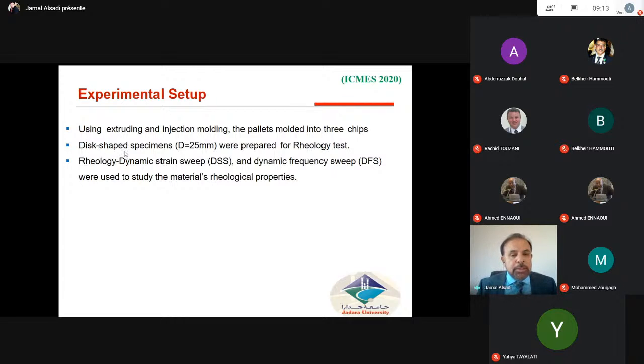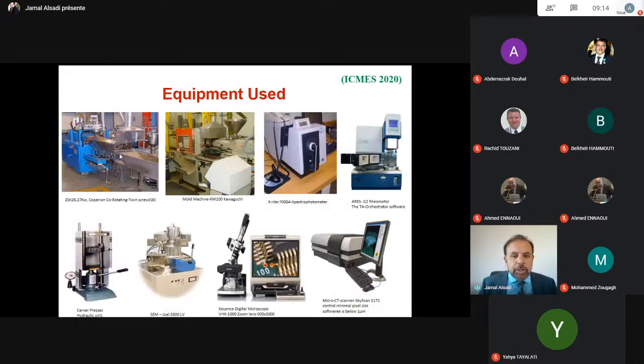One of these shapes has a 25 millimeter diameter. Why? Because for the rheometer, the sample should have this dimension for the rheology test. Then we will run rheological tests, dynamic strain sweep and dynamic frequency. All should be used to study the material rheology.